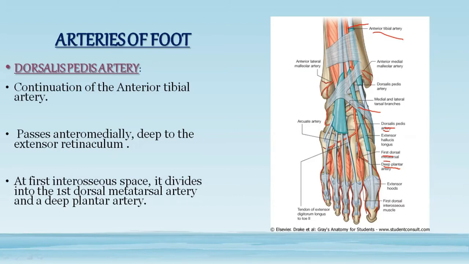At this level, it divides into the first dorsal metatarsal artery and the deep plantar artery. Now look at the picture. This deep plantar artery passes inferiorly, deep to the first dorsal interosseous muscle, to enter into the sole of the foot.